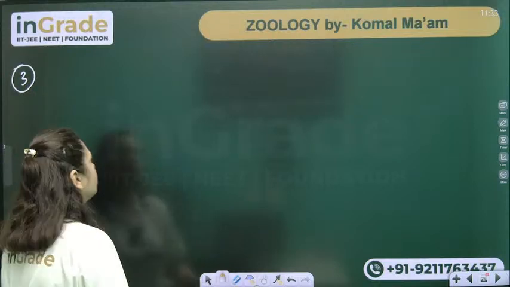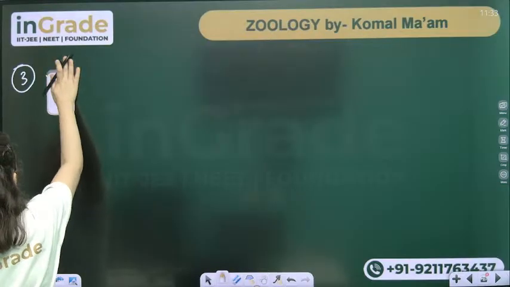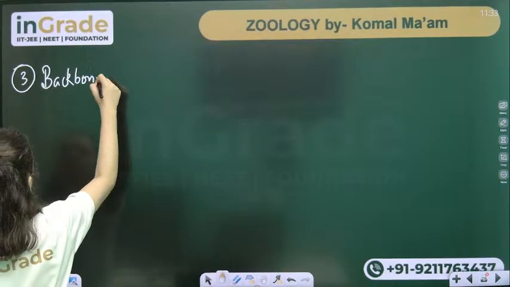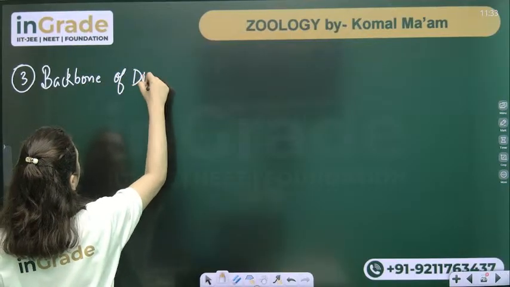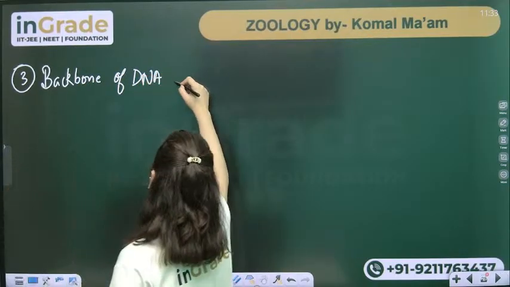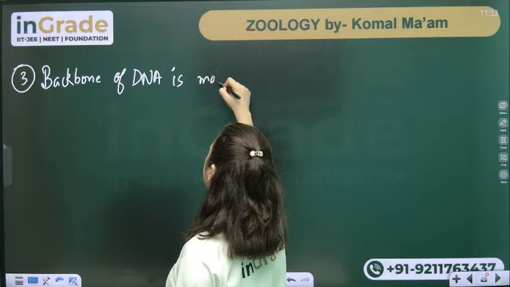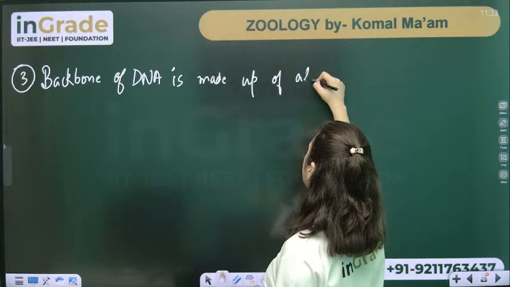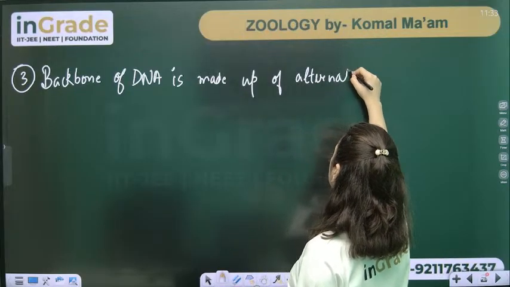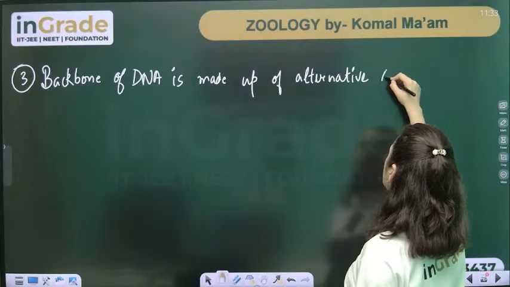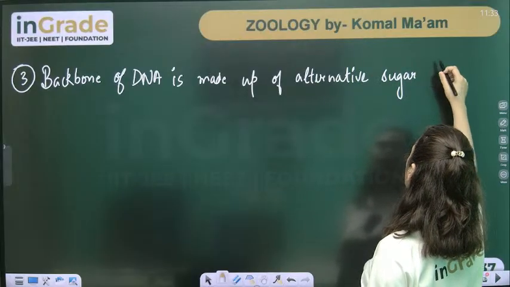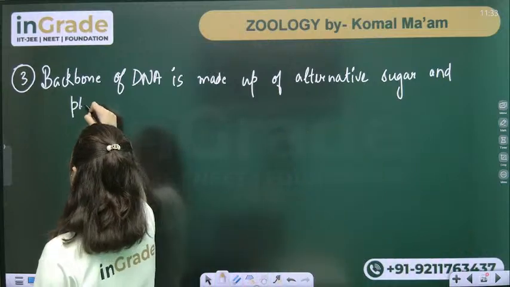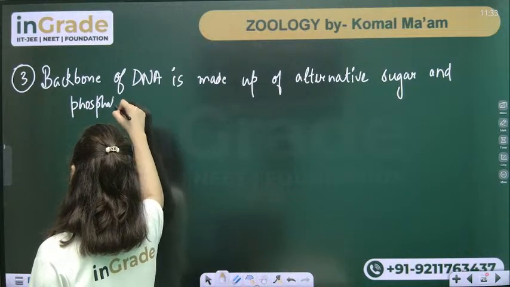The backbone of DNA is made up of alternating sugar and phosphate components, as we have already seen.